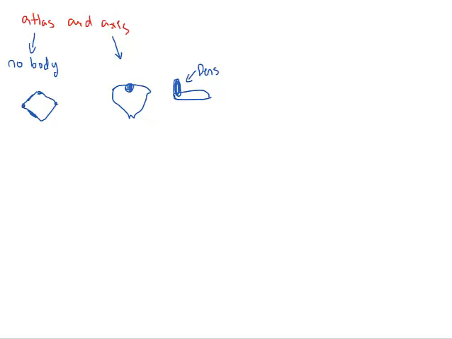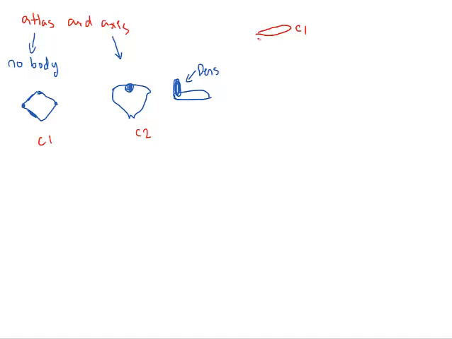Now, essentially, these two cervicals, C1 and C2, sit on top of each other. And if we were to draw them, again, laterally, you could see C1 would be up there.